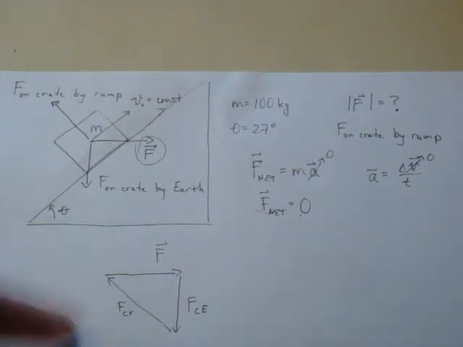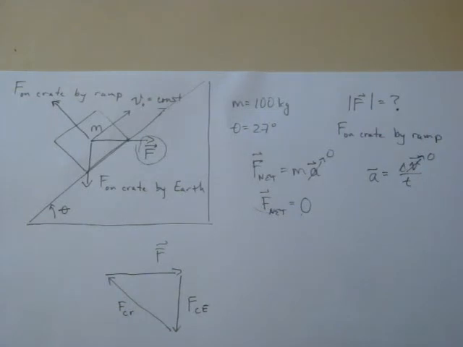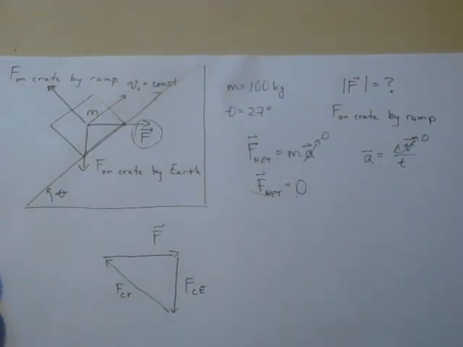So pictorially, this is what it should look like, and that's pretty much represented by the way that our vectors are drawn. It's not perfect, but that's the sense of what we need to be able to identify. So in the next video, we're going to talk a little bit more about how we pull these together.